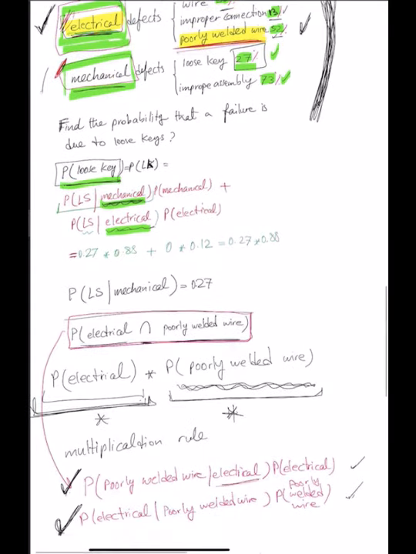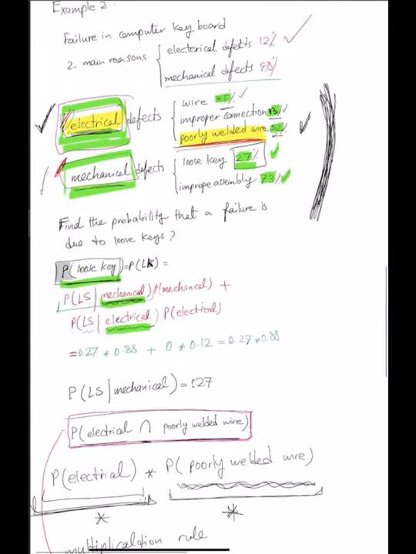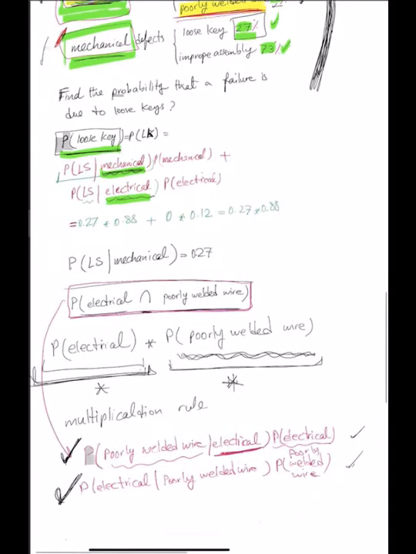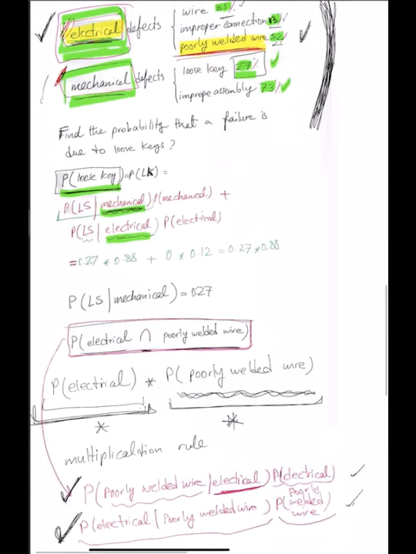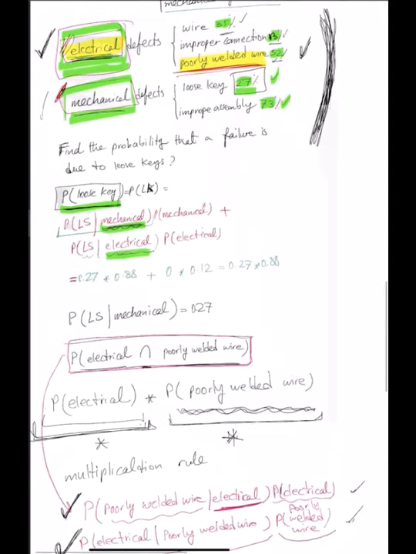And I also have the probability of being electrical here. So we're good. If I pick the second one, I don't have this part readily available, so I have to do a bunch of calculations. But if I pick the first method, I have all the components in the problem statement. So I'm good.